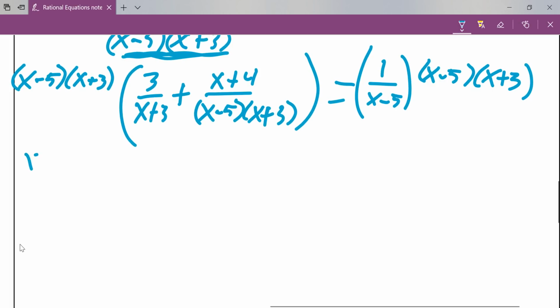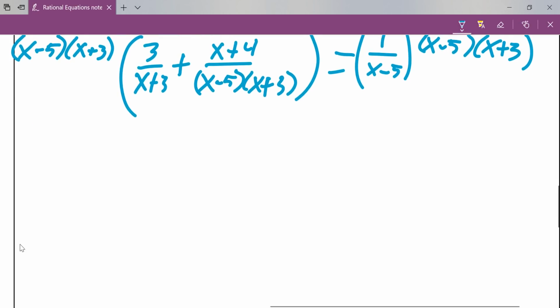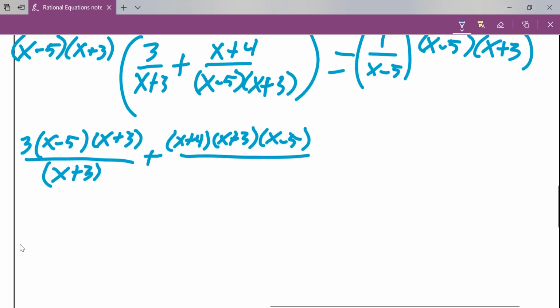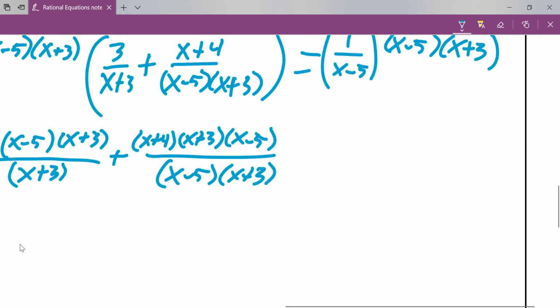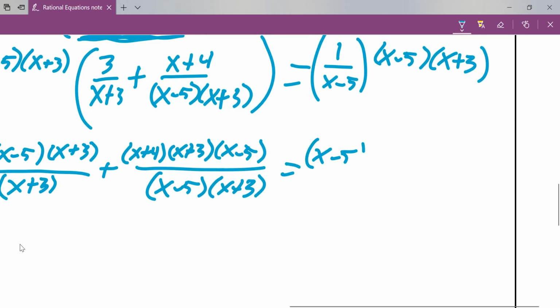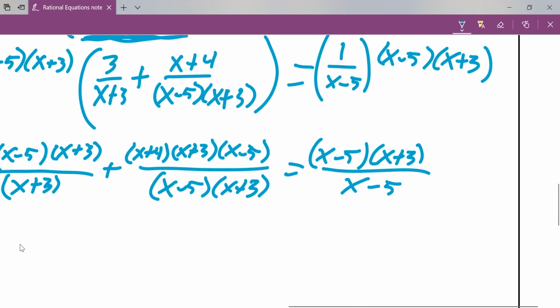So we're going to get 3 times x minus 5 times x plus 3, all over x plus 3, plus x plus 4 times x plus 3 times x minus 5, all over x minus 5 times x plus 3, and that's all equal to x minus 5 on top over x plus 3, x minus 5 on the bottom, and I'll zoom out a little bit.